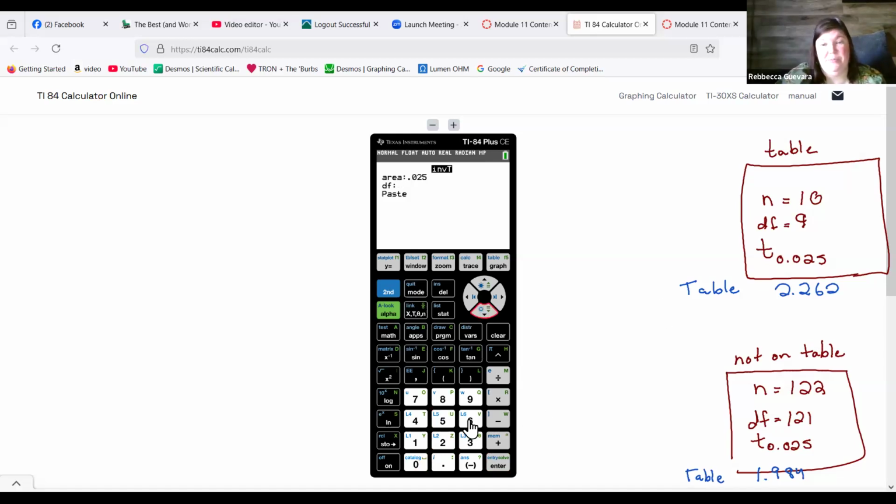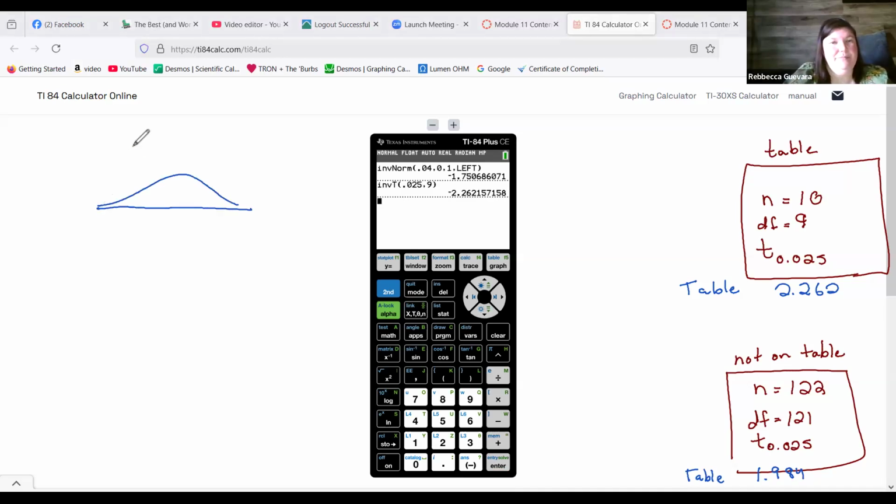And my degrees of freedom were 9. And notice it gives me that same value, but it gives it to me as a negative. So when you use invert t, what it's going to do is actually tell you this area here.